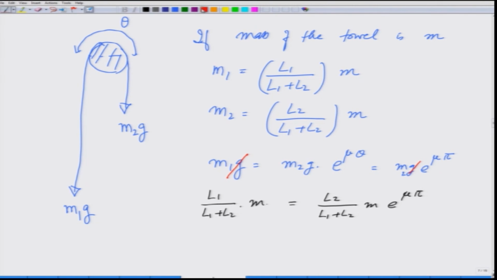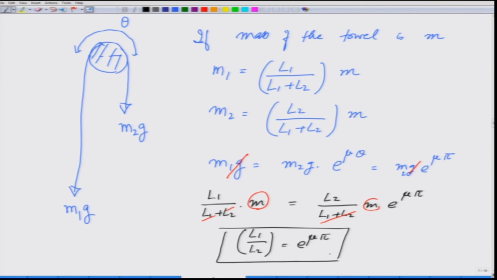This immediately implies, because this term cancels, so does M, that the answer comes out to be L1 over L2 equal to e raised to mu pi. If we take mu equals roughly 0.5, then L1 over L2 comes out to be about 4.8, and that is the answer.